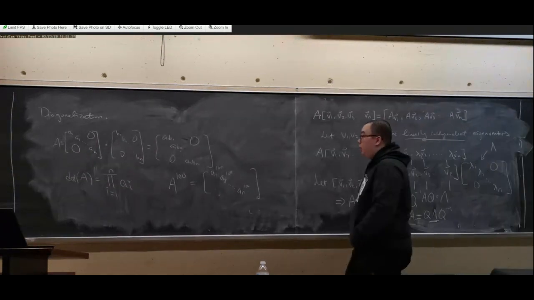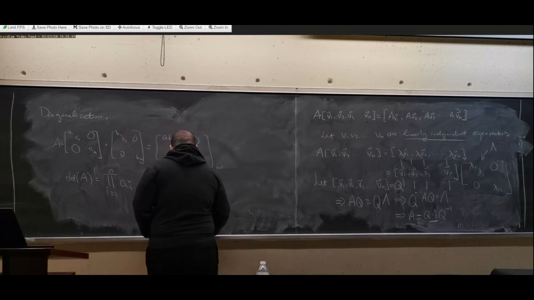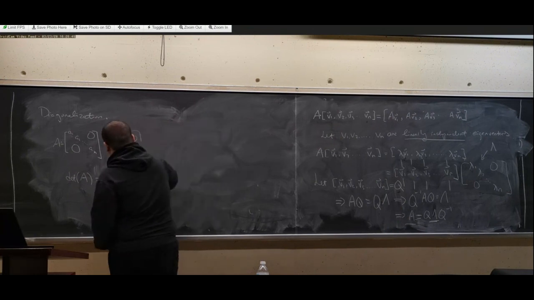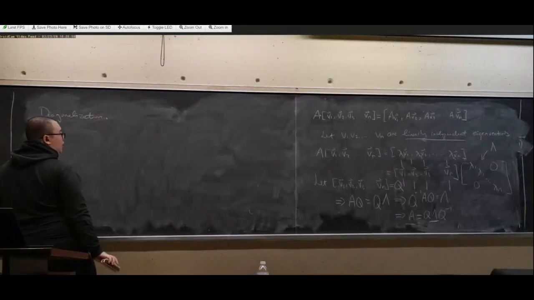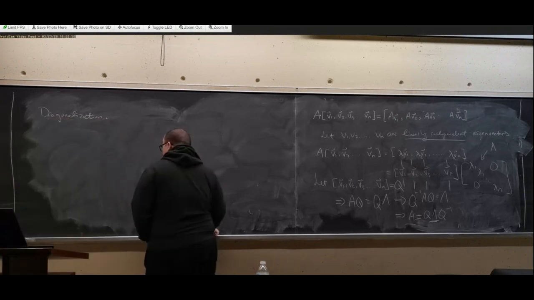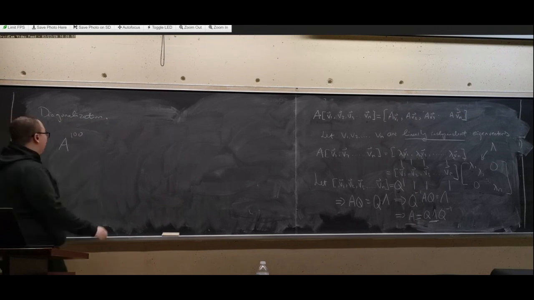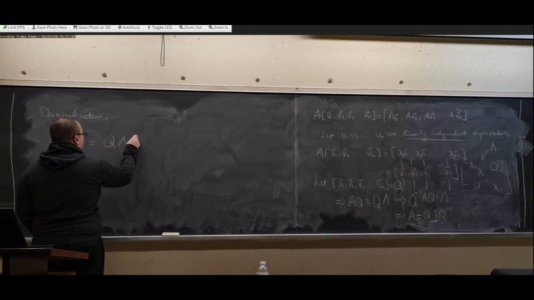Why is this useful? Well, now if I need to do something crazy, for example, in stats it is typical to have a matrix and raise it to some obscene power. If I have A to the power of 100, which is something that I cannot do directly, this is the same as Q lambda Q inverse to the 100.